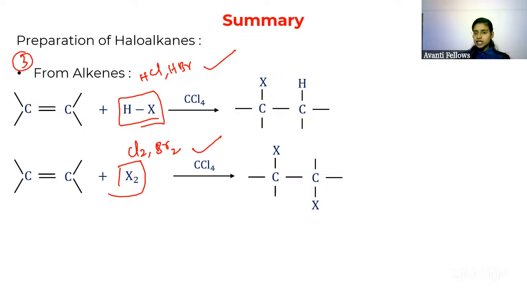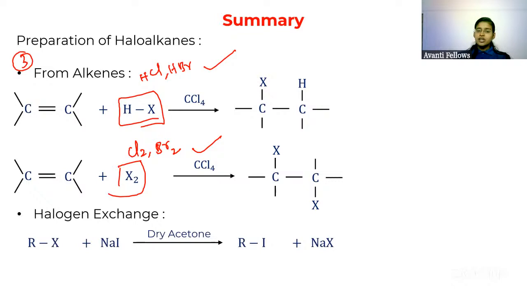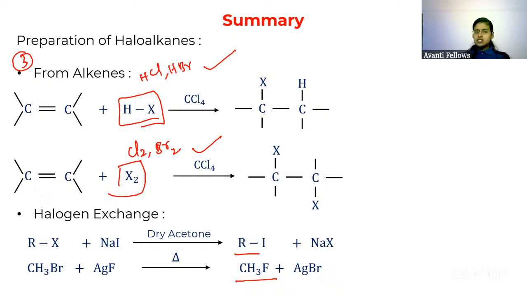And finally, for the preparation of fluoro and iodoalkanes, we used halogen exchange reactions. The Finkelstein reaction gives iodoalkane with NaI, and the Swarts reaction gives fluoroalkane with AgF or some other fluorine-containing source. So these are the methods of preparation of haloalkanes we have studied.